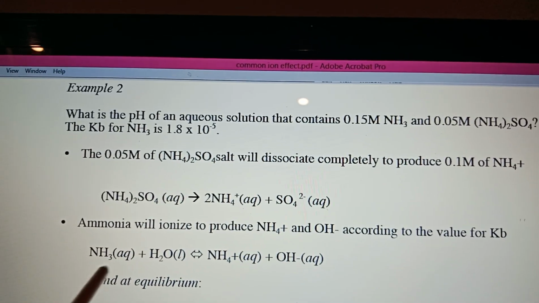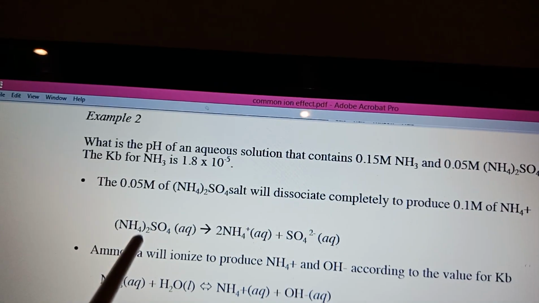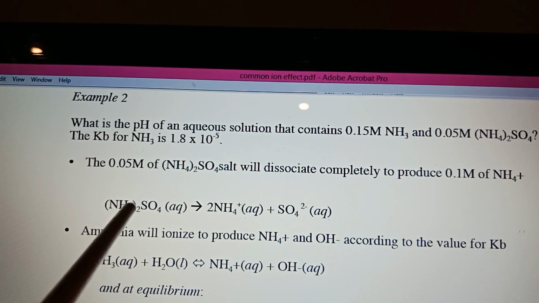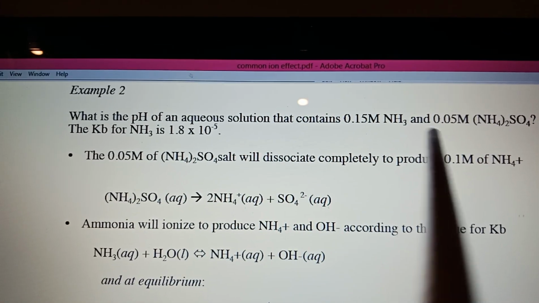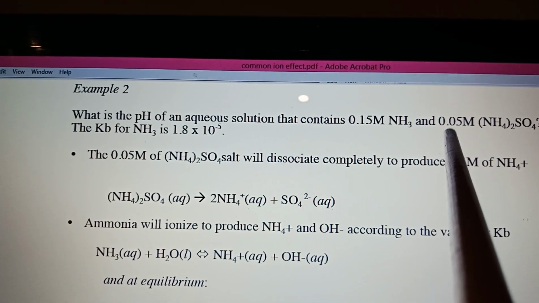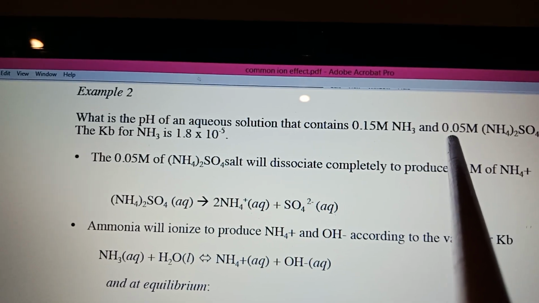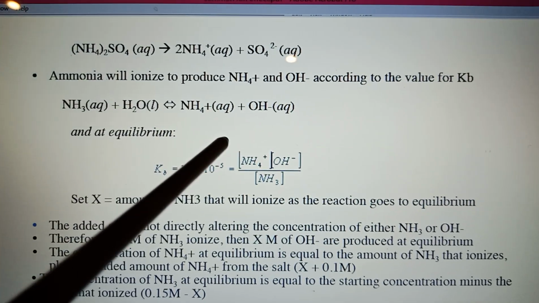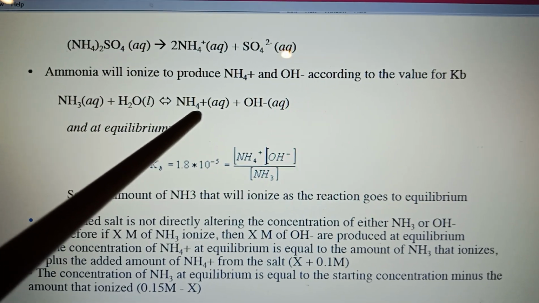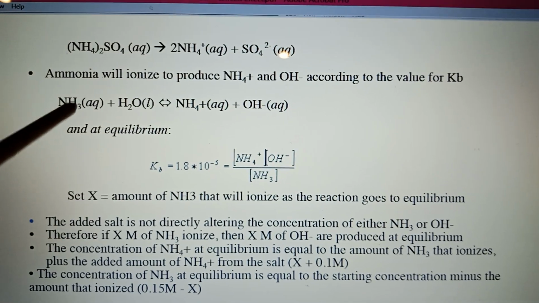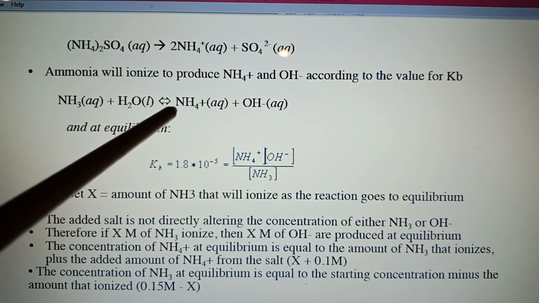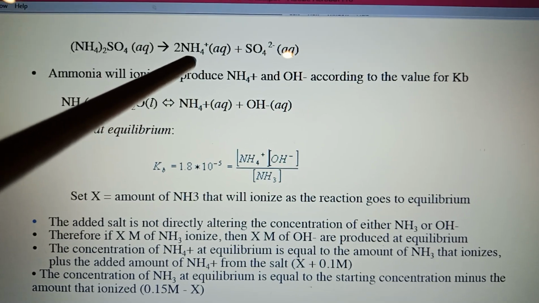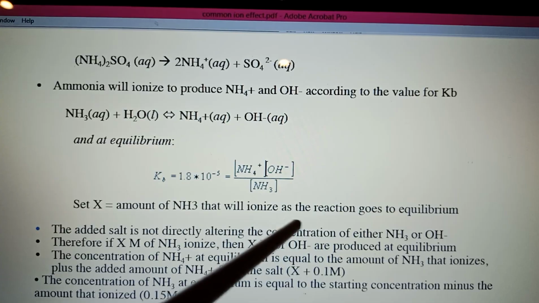As one ammonium sulfate is generating 2 ammonium ions, the concentration of ammonium ion produced from the ammonium sulfate will be equal to double the amount of the 0.05 molar, that is 0.1 molar. So if X number of ammonium ions are generated from the ammonia, overall the number of ammonium ions will be equal to X plus 0.1, that is generated from the ammonium sulfate.